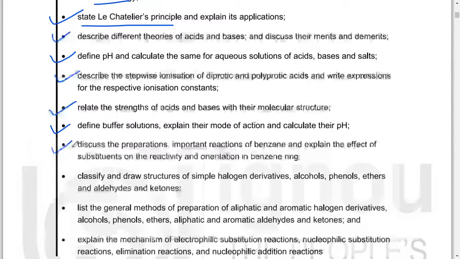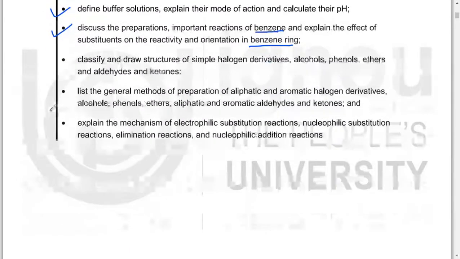Discuss the preparation, important reactions of benzene and explain the effect of substituents on the reactivity and orientation in benzene ring. Classify and draw structures of simple halogen derivative, alcohols, phenols, ethers, and aldehyde and ketones.